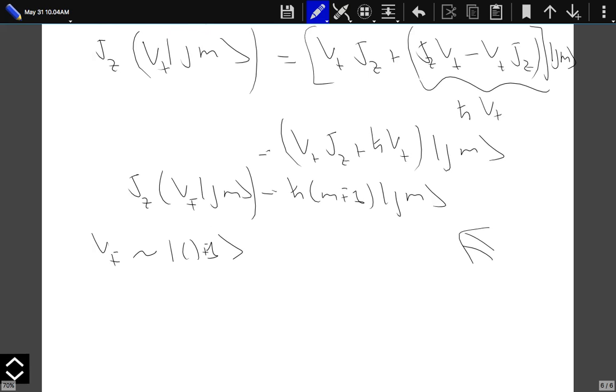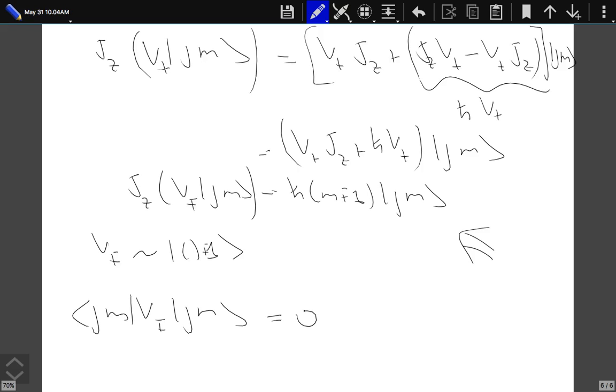For example, from this argument, straight away you can say that the expectation value of V plus or minus in the state J m is equal to 0. Again, I repeat, I don't know what these V operators are. They can be any V operator as long as they satisfy the commutation relation.